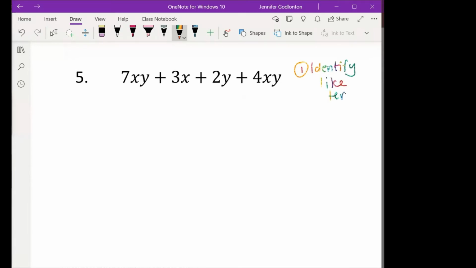If I don't have a highlighter, I can see I've got 7xy and I'm wanting to plus 4xy. So those two are exactly the same as each other. Then I've got 3x, but I don't have another 3x. And then I've got a 2y and I don't have another 2y. So there's nothing else I can do with that. So then I'm just going to add.